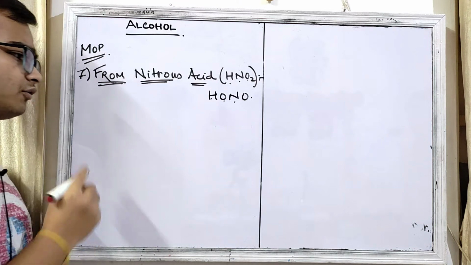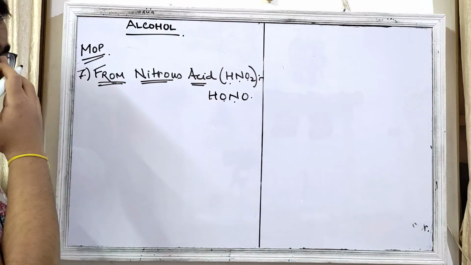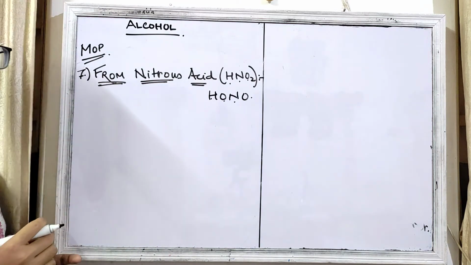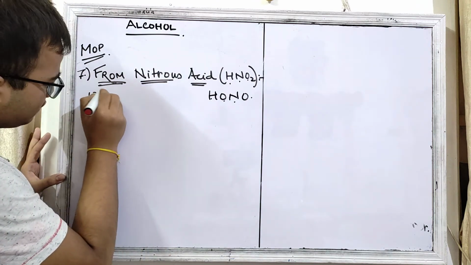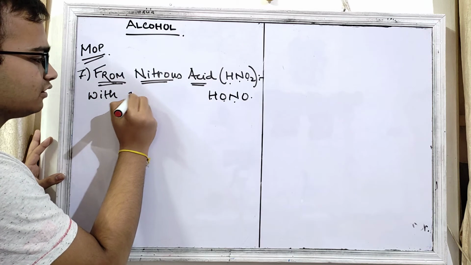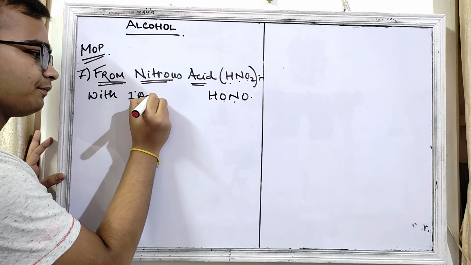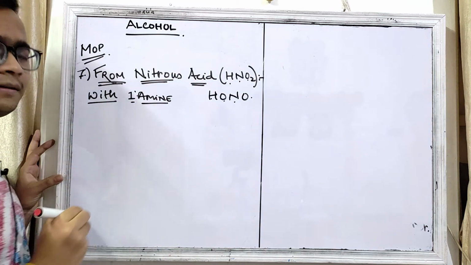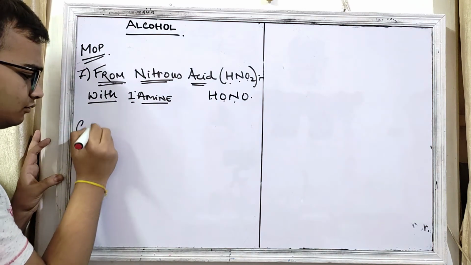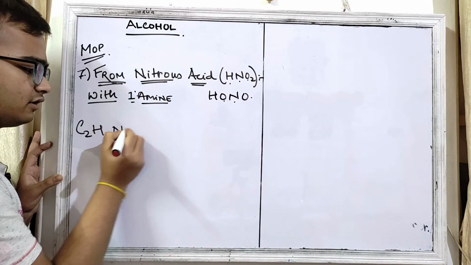Okay, so let's take a primary amine. Or you can say from nitrous acid with 1 degree or primary amines. Okay, so let's take a primary amine. Let's take ethylamine, C2H5NH2.